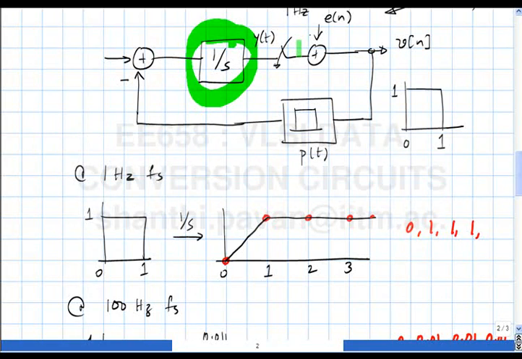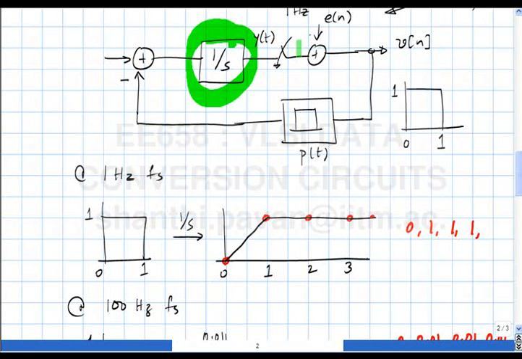So it makes sense to do everything with a 1 Hertz sampling rate. And then you know that you are not going to be building 1 Hertz sampling rate systems. If you want to build something at 4 megahertz, it doesn't mean that you go back and recalculate everything. All that you need to do is replace s with s by 4 megahertz.